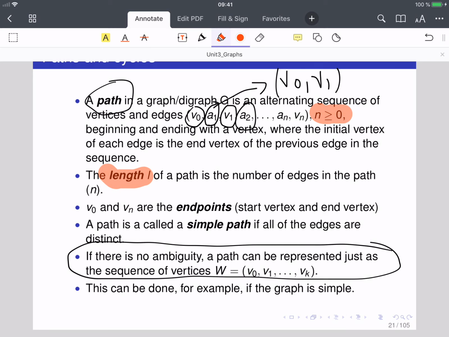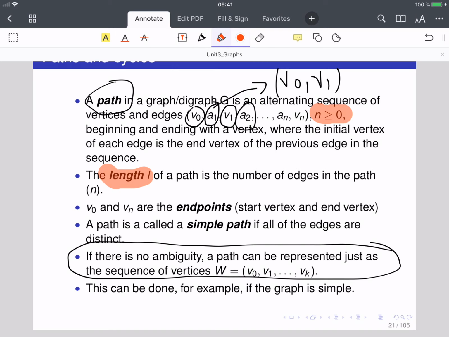A path that takes us nowhere new. We stay in the same vertex, but technically that is also a path. So the length is not the number of vertices in the path, but the number of edges. You need to take this into account. It will be important in the future.